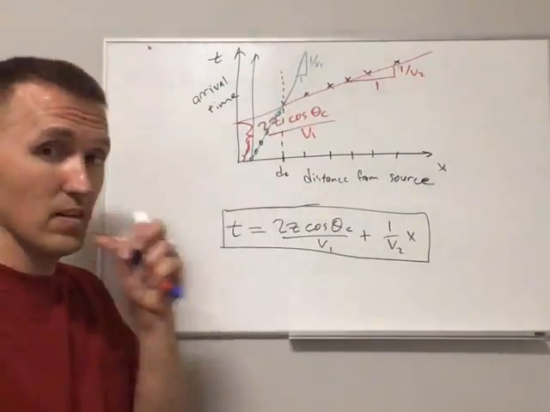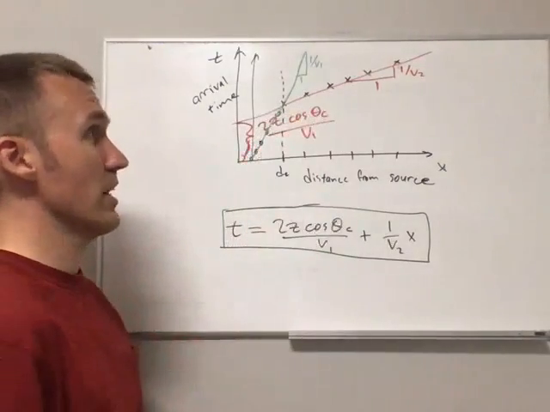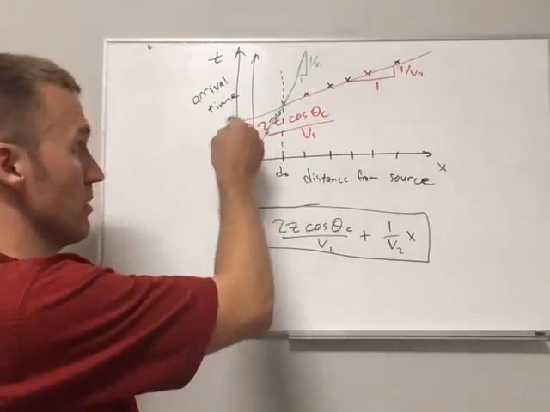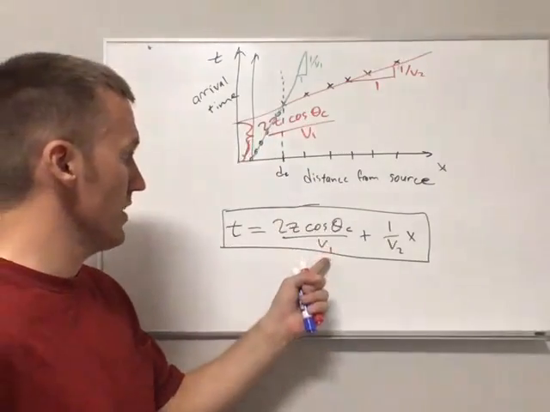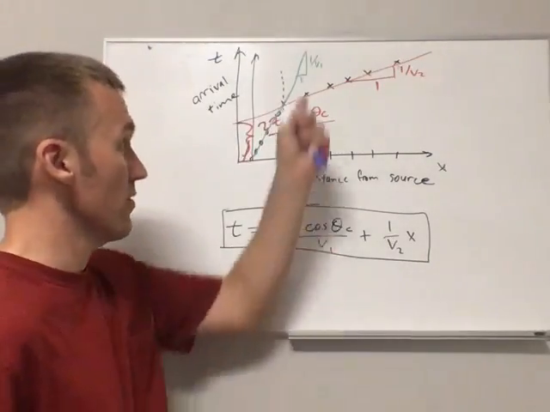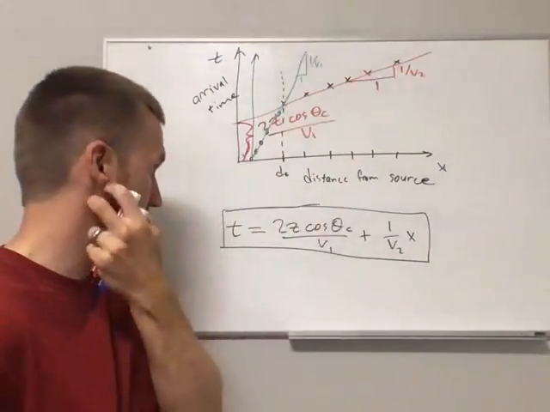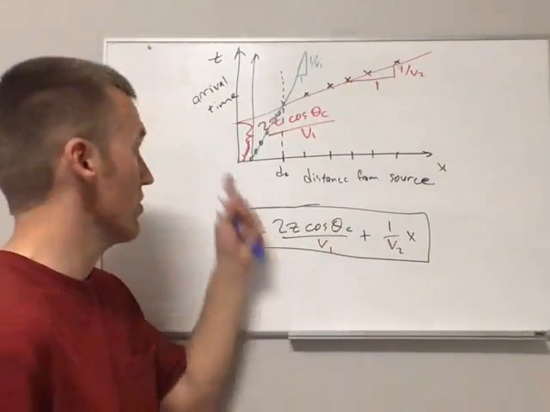So from these two line segments, we can get the velocities of the two layers. And then from this intercept here, we can use the velocity in layer 1 that we've estimated from that slope, and the velocity in layer 2 that we've estimated from that slope. Actually, I guess we don't need v2 for this intercept.